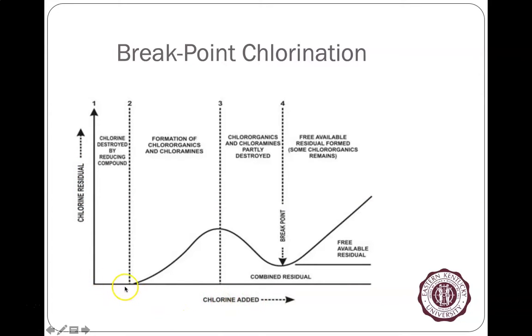So from here to here, we've added chlorine, and yet none of it is available to disinfect. None of it is residual. It's all used up. They don't put numbers on this figure because it's dependent upon the quality of your water.